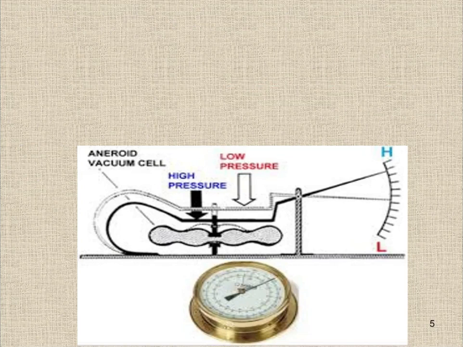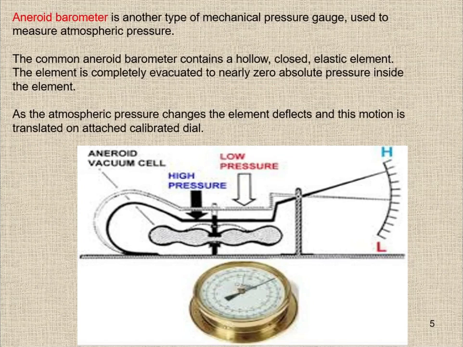Let's move on. Another type of pressure gauge is called an aneroid barometer. It is another device that helps us measure the atmospheric pressure. How does this barometer work? The barometer is another type of mechanical pressure gauge used to measure the atmospheric pressure.